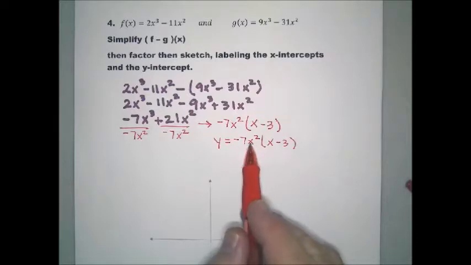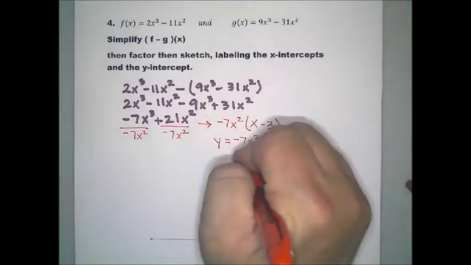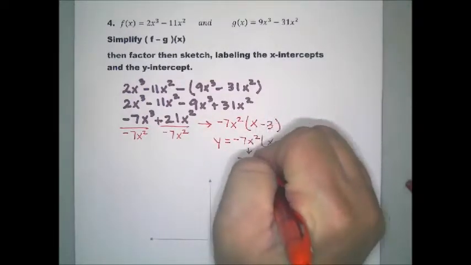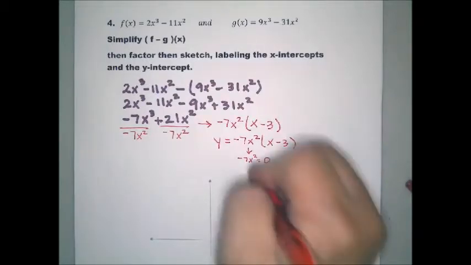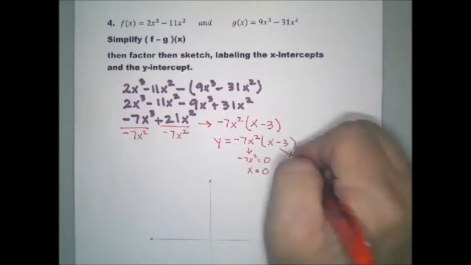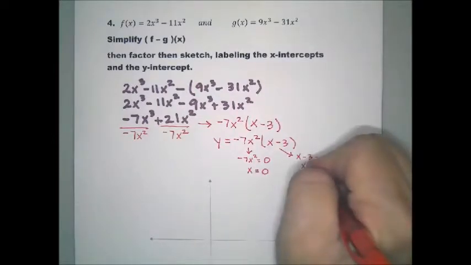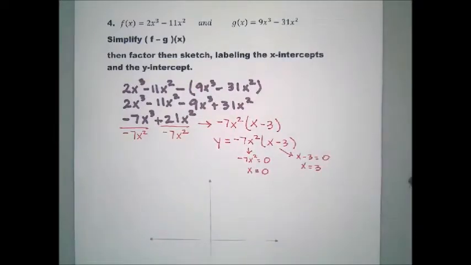You set the factors equal to 0: negative 7x squared equals 0, which means x equals 0. And then x minus 3 equals 0, so therefore x equals 3. So those are my two x-intercepts. One of them is at x equals 0, and the other one is at x equals 3. So let's estimate where that would be.